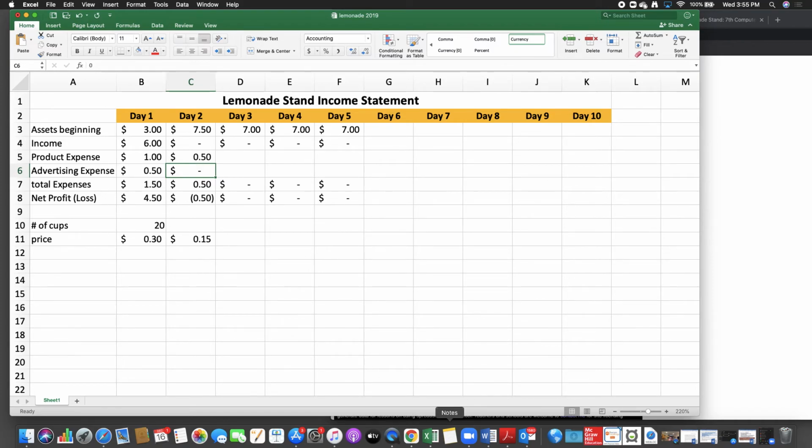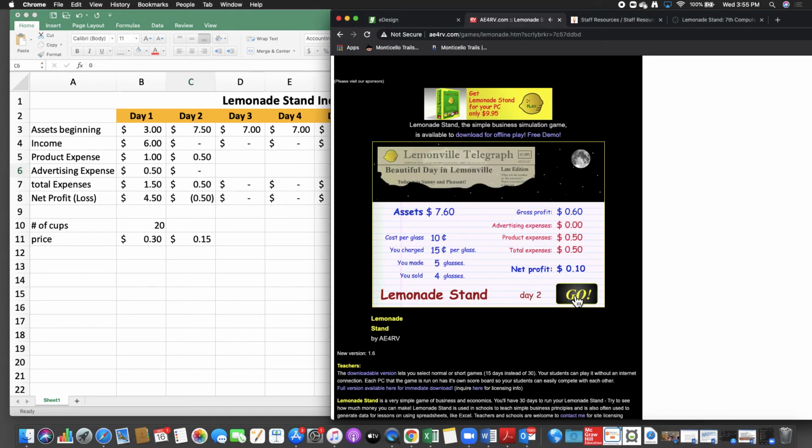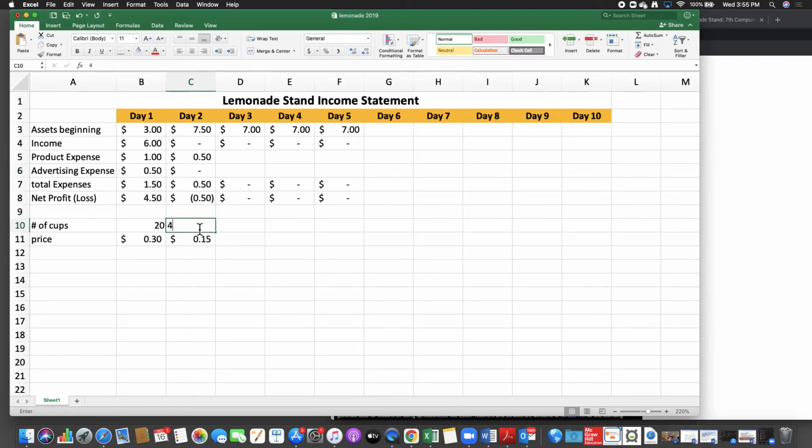Okay, so I have to make at least 50 cents. So I need to sell 2 or 3 cups to make a profit today. All right, so I'm going to go back to the internet and hit go. Ooh, I sold 4 glasses. So I actually made a profit of 10 cents.